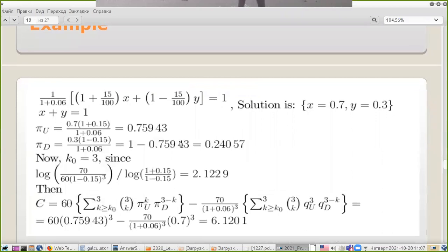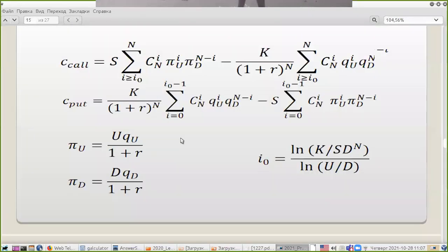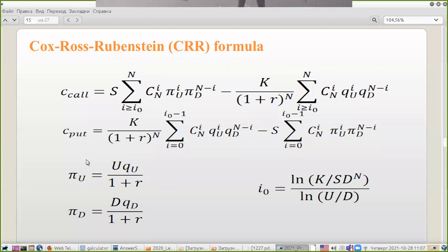If we know all of this, we can find P_U and P_D from this formula.